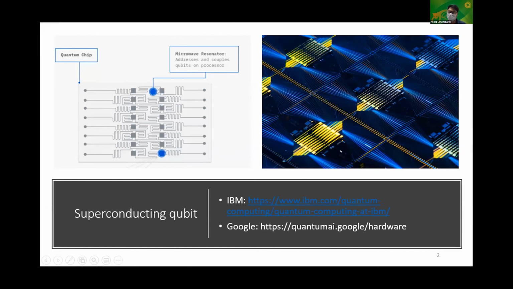And they actually look really nice. In the picture on the right, it's an actual qubit. When you shine light on them, you get a really nice reflection, as you see here. I would suggest you go to the IBM website and Google website to read more about superconducting qubits and quantum processors. They are really big players in the field right now, and it's going to be very interesting.